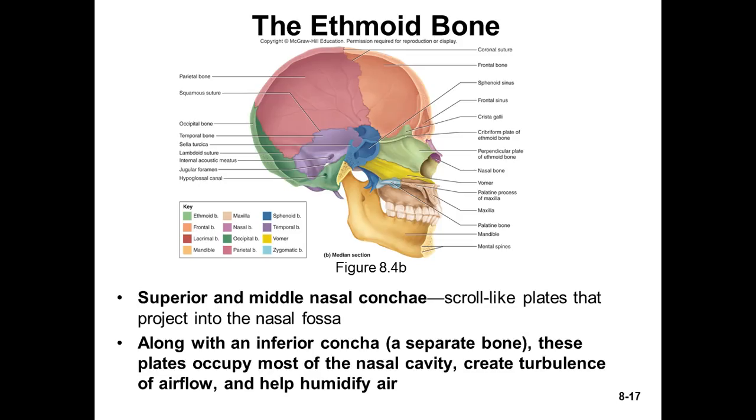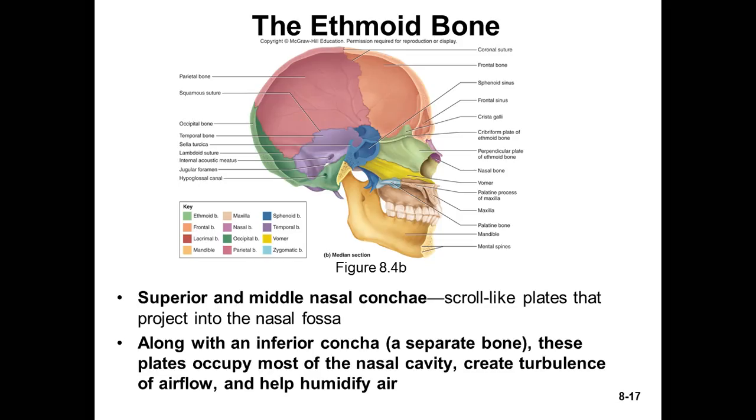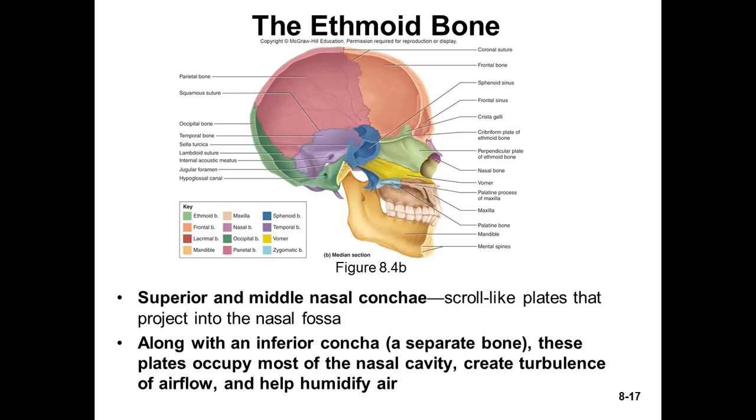The inferior one is studied as a separate bone, and it's the largest of the 3. Those 3 bones are very important because when air comes into the nasal passages, they are responsible for cleaning the air.